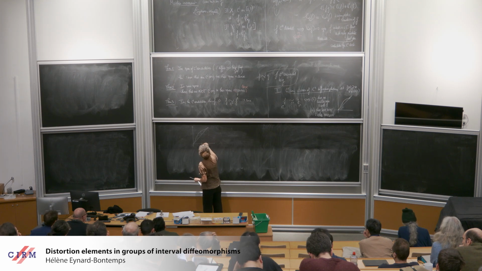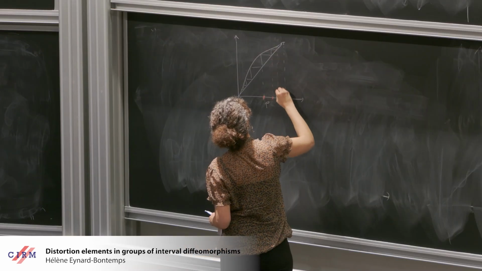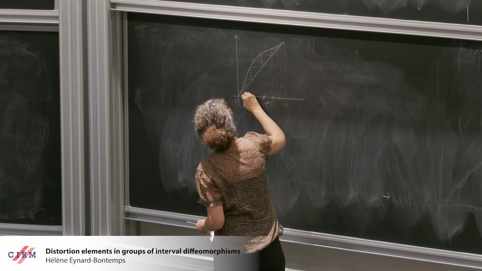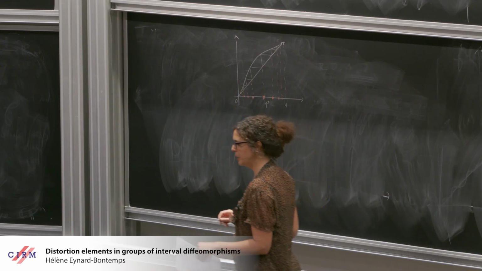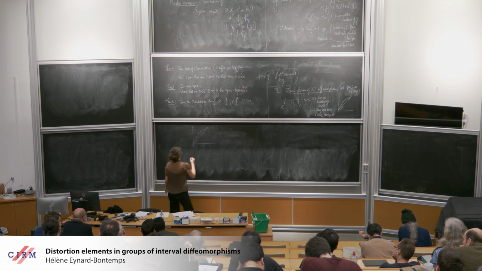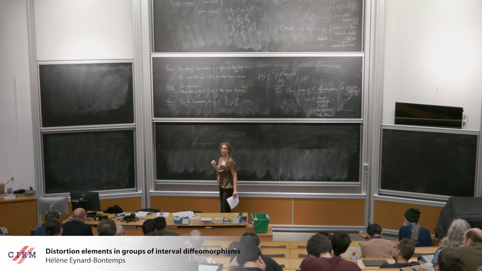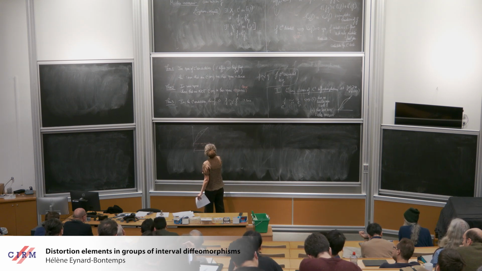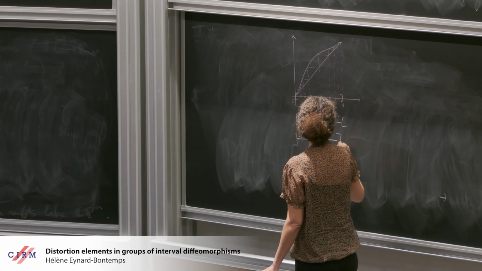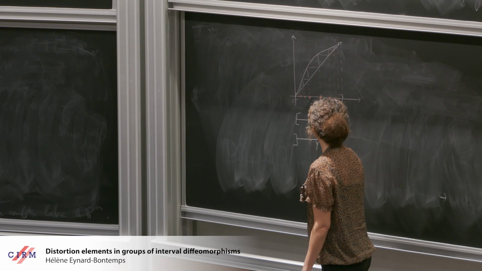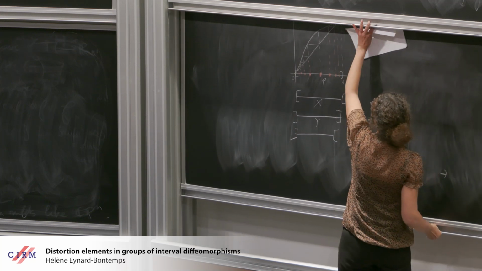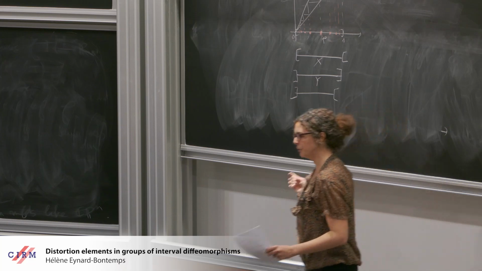That's my point P. This is the orbit of P under the diffeomorphism F. I'm working on the closed interval, but on the interval open at 1, I have a vector field X. On the interval open at 0, I have a vector field Y. So on the interior of the interval, I have two vector fields.